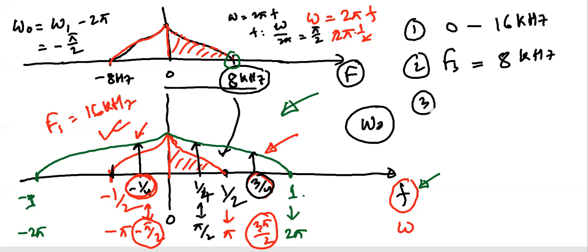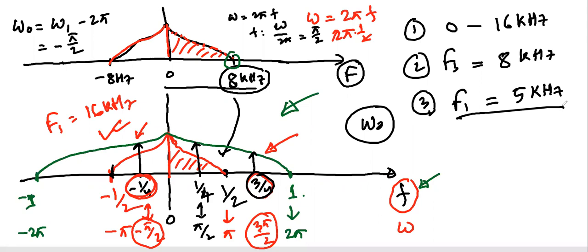Number 3, your F1 is equals to 5 kilohertz. Now you need to find what is the alias signal of this 5 kilohertz. Let's say there would be some alias. First of all, you need to find whether there is an alias or not. And whenever you found that, yes, there is an alias, then what is the alias signal?